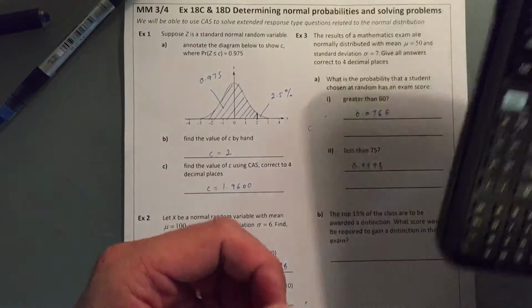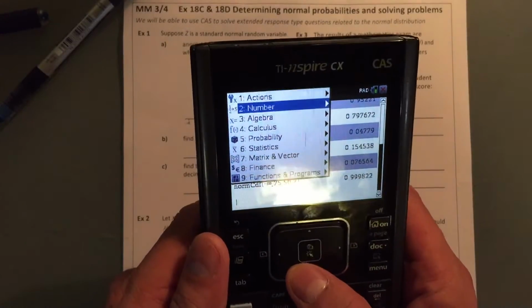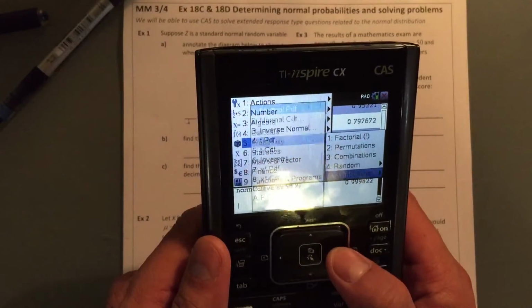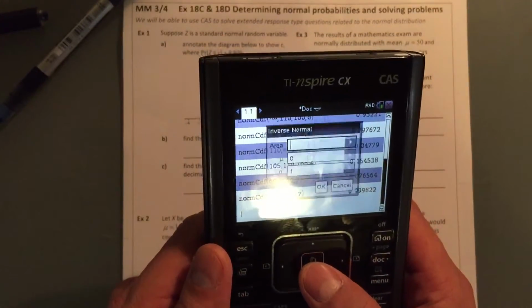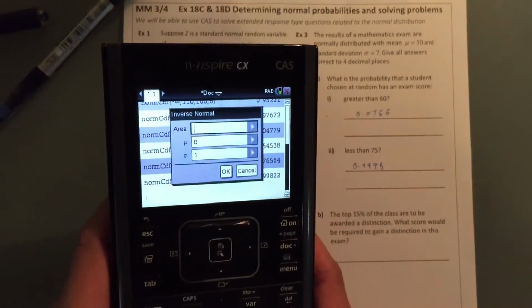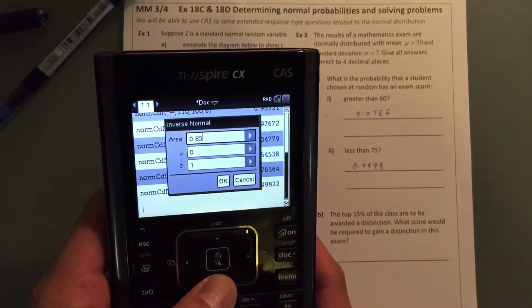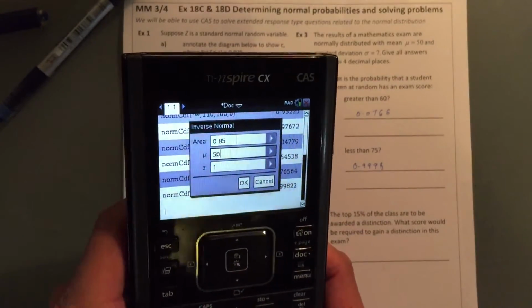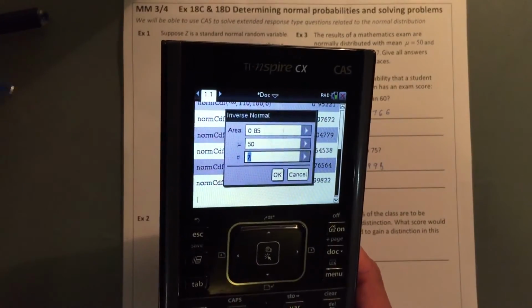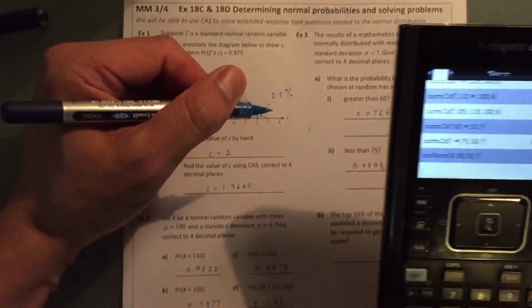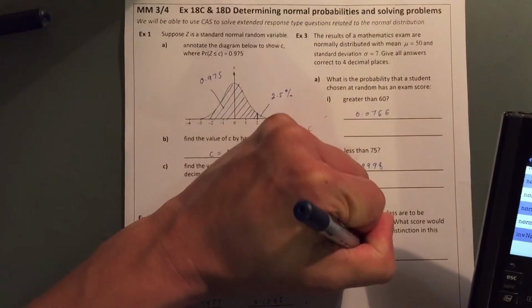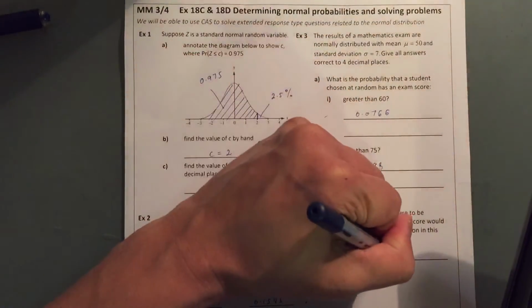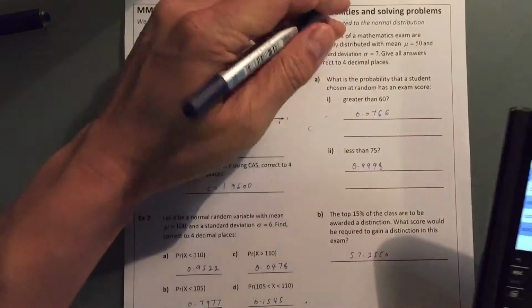When I'm dealing with area, I'm thinking inverse norm. Inverse normal. So the area is going to be 0.85. That's to the left of the point that I'm concerned with. My mean is 50 and the standard deviation is 7. So the score you need is 57.2550 to 4dp.